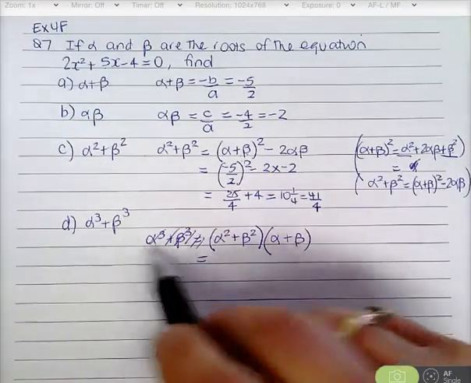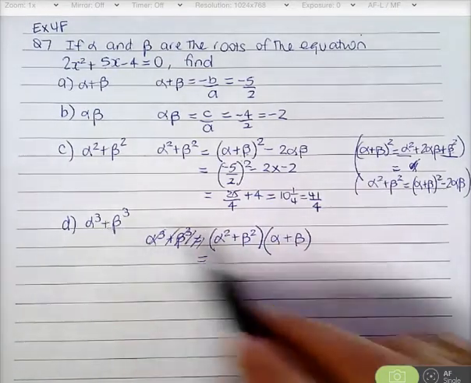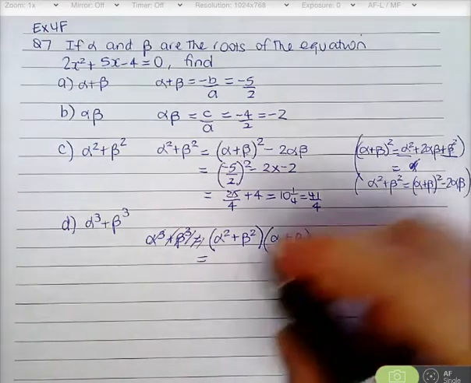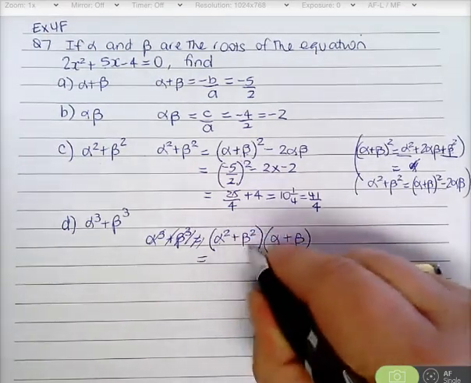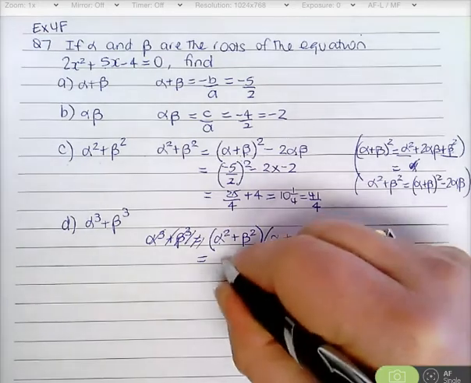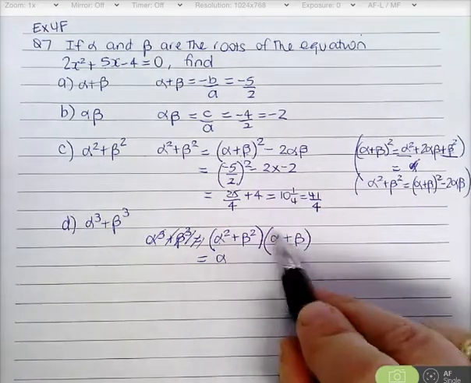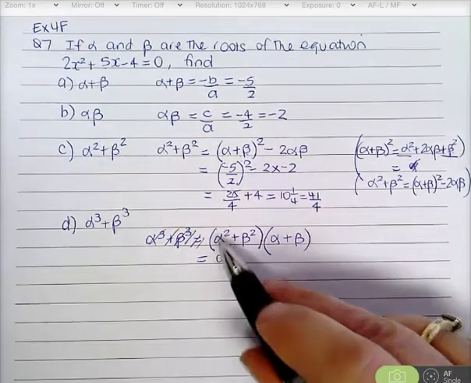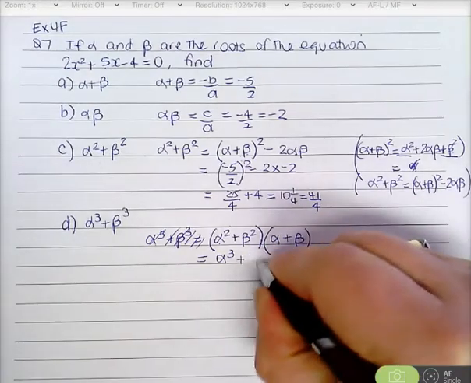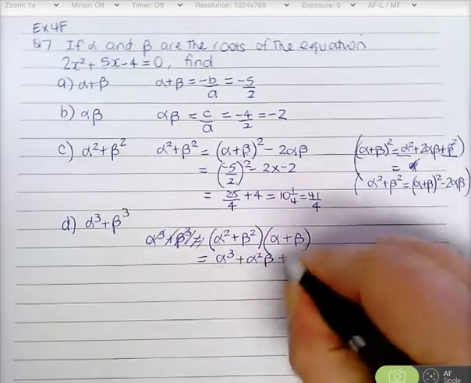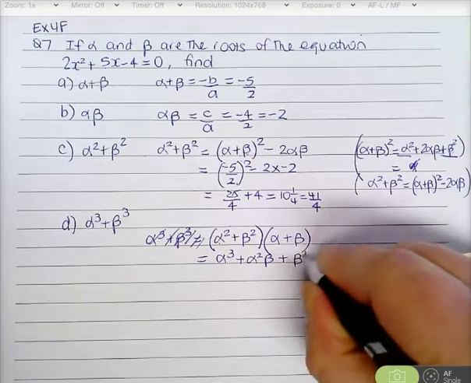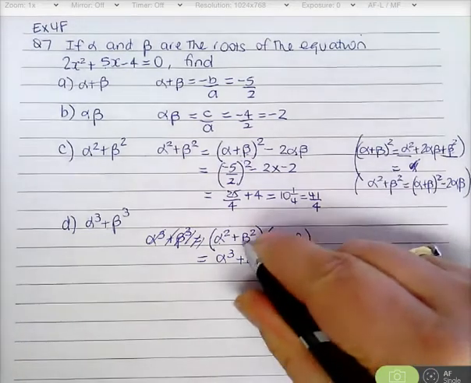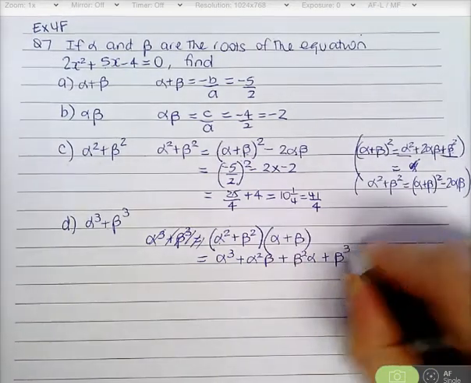I know it's not going to give me exactly alpha cubed plus beta cubed, but I can rearrange it, okay? So if I've got alpha squared plus beta squared and times it by alpha plus beta, I get, now alpha squared times alpha is alpha cubed, alpha squared times beta is alpha squared beta, beta squared times alpha is beta squared alpha, and beta squared times beta is beta cubed.